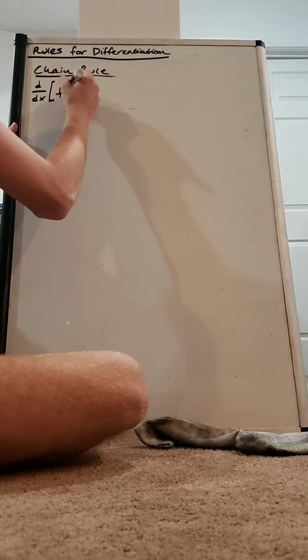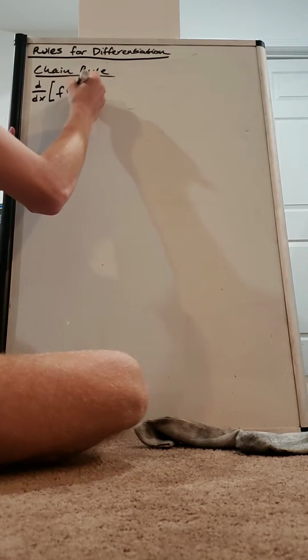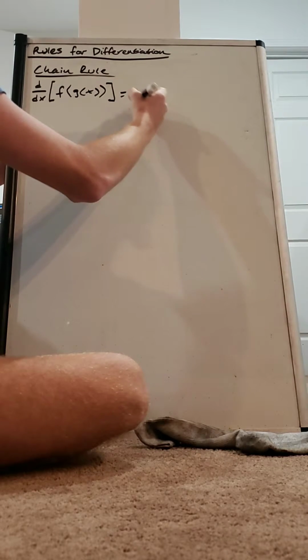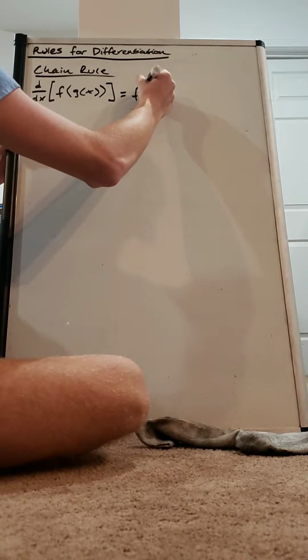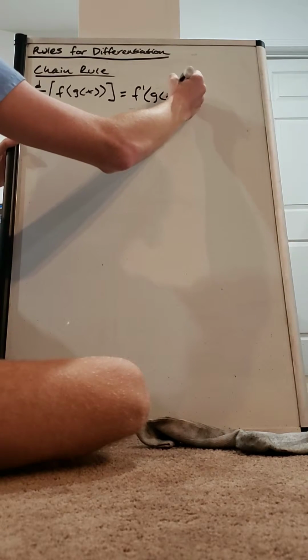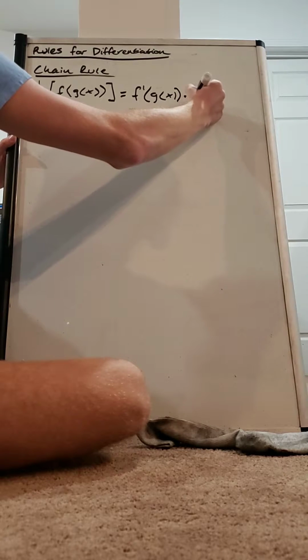So if you have the derivative of f of g of x, that's going to be equal to f prime of g of x times g prime of x.